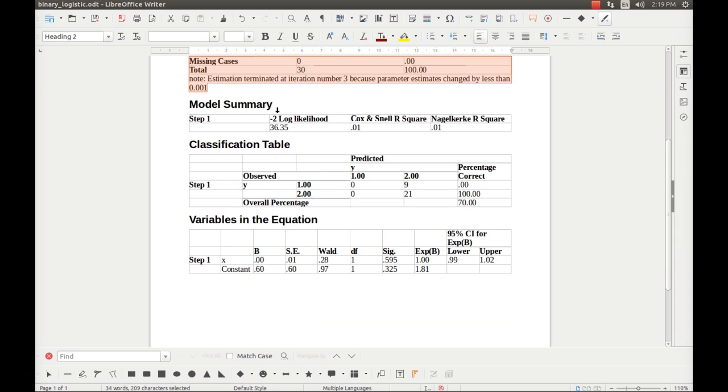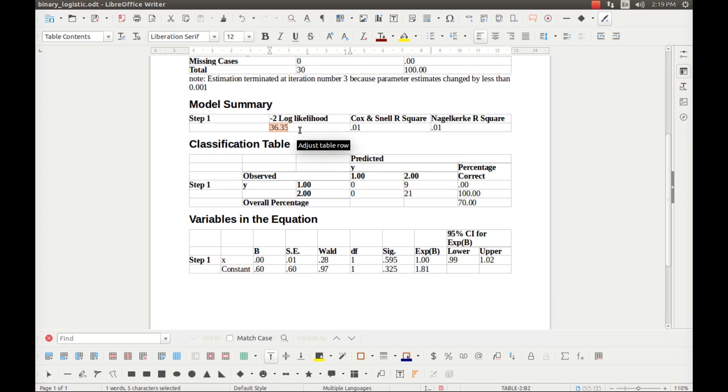We don't have any missing cases, so there is no problem with missing data. The next one is the model summary. This is the more interesting part of the analysis. Here we have the -2 log likelihood, the estimate that we obtain to judge whether our model is good or not. If we look at this table, it clearly shows that our model is not good because the R-square value is 0.01.